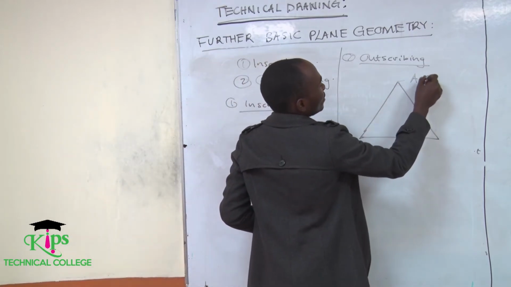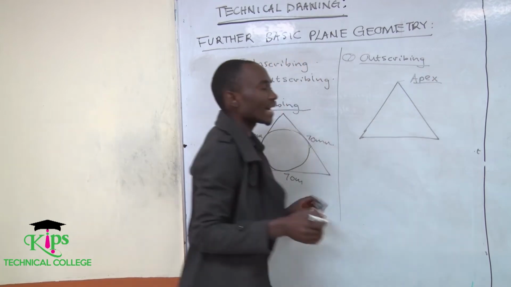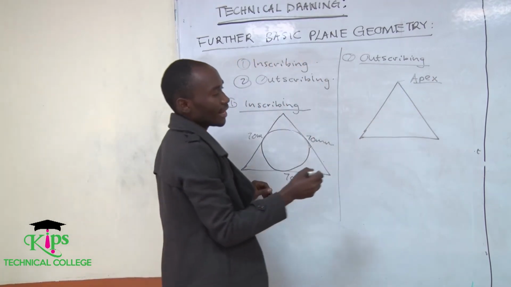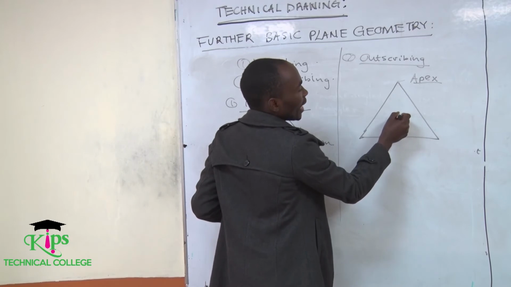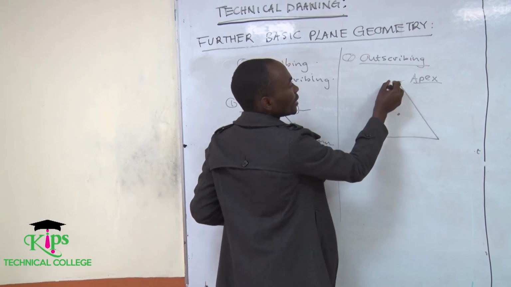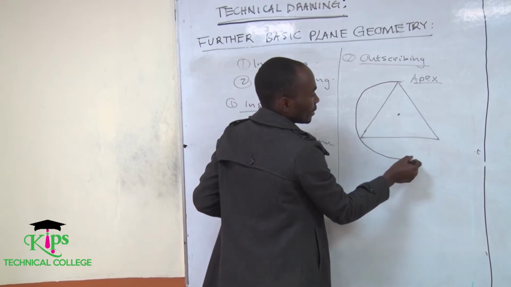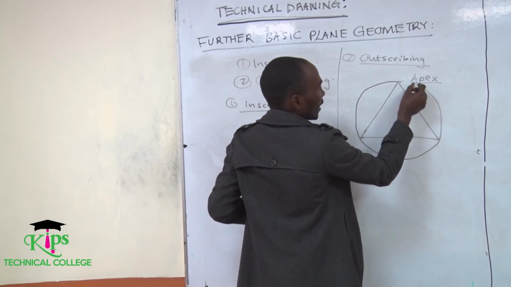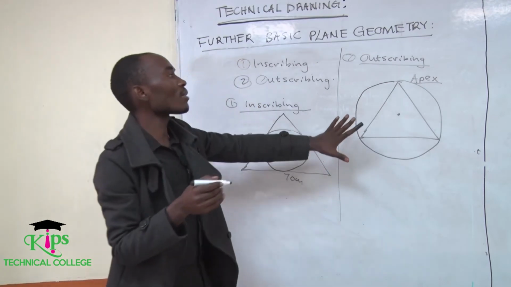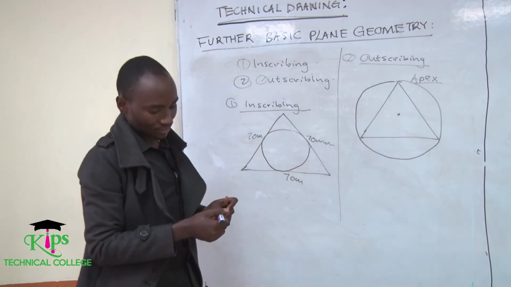We said this is the apex. So if you stand here with your compass, you should ensure that your circle goes around this like this, touching the apex. So we call this one outscribing.